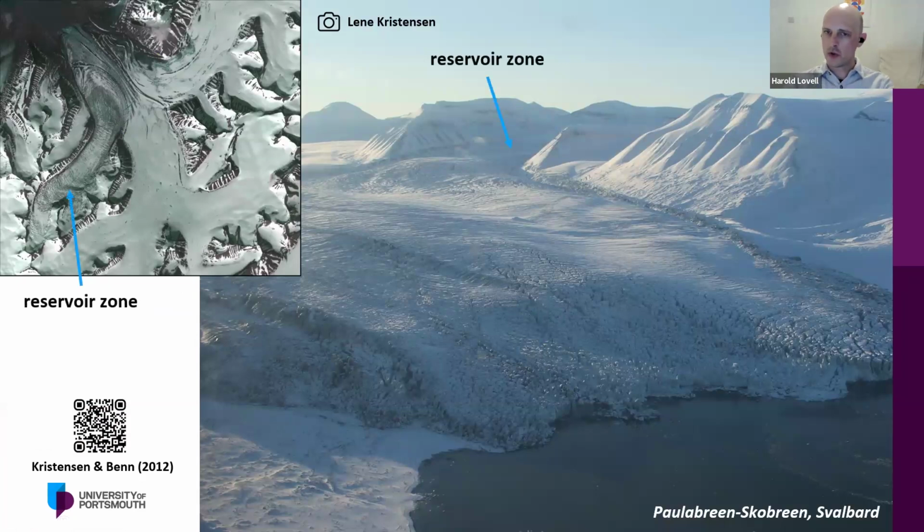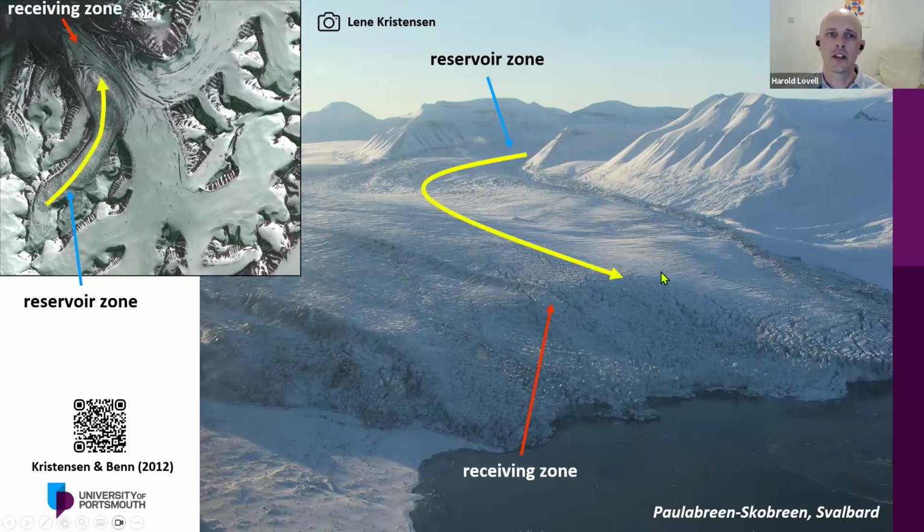And we have kind of two main sections with a surge-type glacier. We have something called the reservoir zone, where it will build up mass. So this is usually in the accumulation zone, but not always. But mostly we would talk about this as being in the upper reaches of the glacier. And then we have something called the receiving zone, which is pretty much always in the ablation area of the glacier. And during the surge, we'll see this rapid transfer of mass from these upper elevations down towards the glacier front.